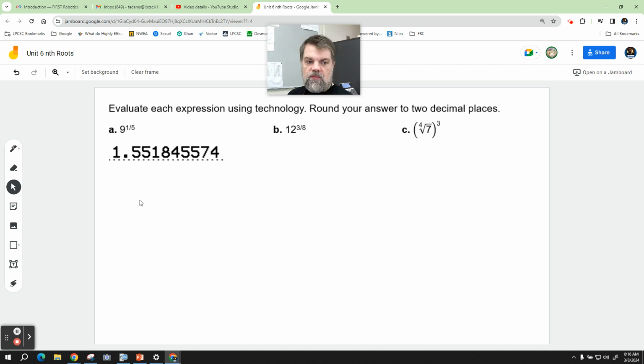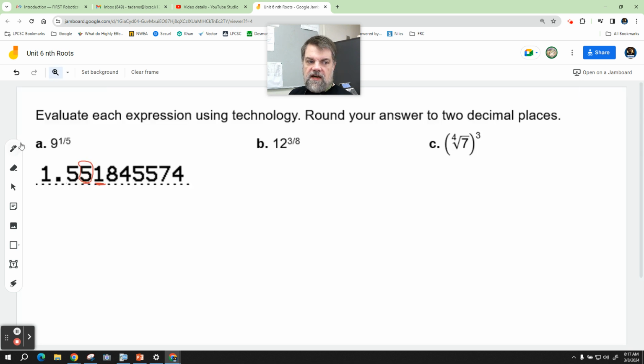So when they say round to 2 decimal places, that means here is where we're rounding to. So I'm either going to make that a 5 or a 6. How do I decide? Well, I look at this number here, okay? I look at that number there, and then if it's 4 or lower, then I just keep this number.